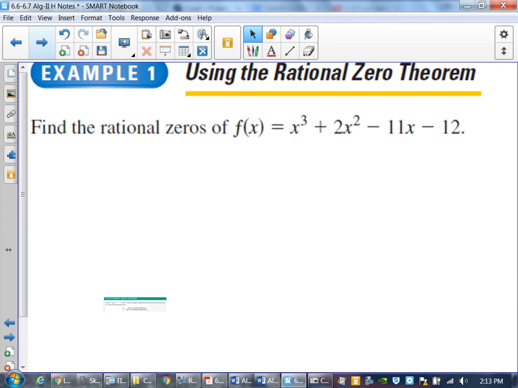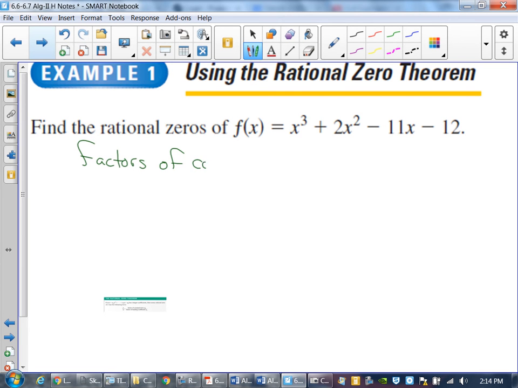So, if I'm not worried about finding anything that's imaginary, I don't need to worry about that later on. And I'll show you what happens there in a second. What you have to do to figure out your possible zeros is the following. Take all the factors of the constant divided by all the factors of the leading term coefficient.